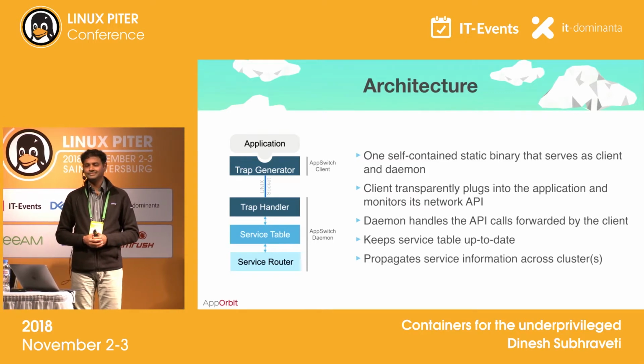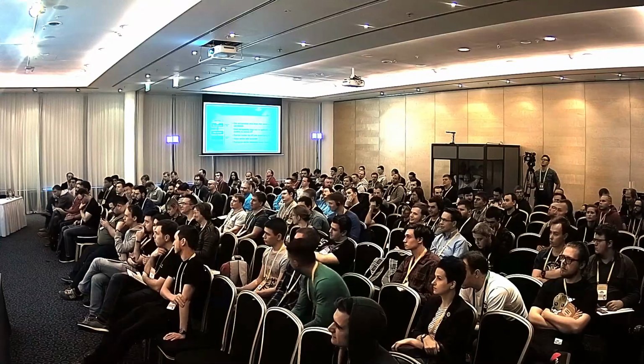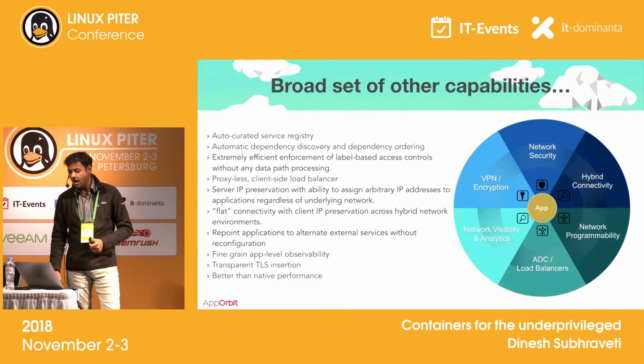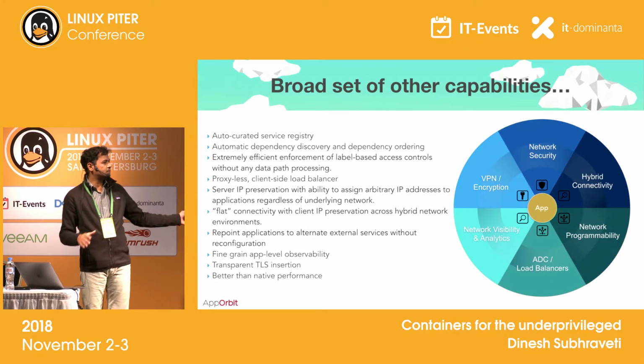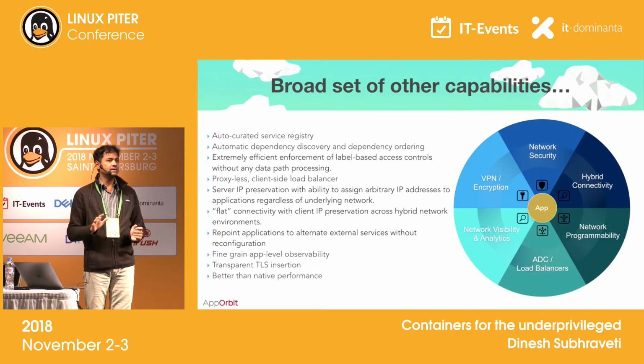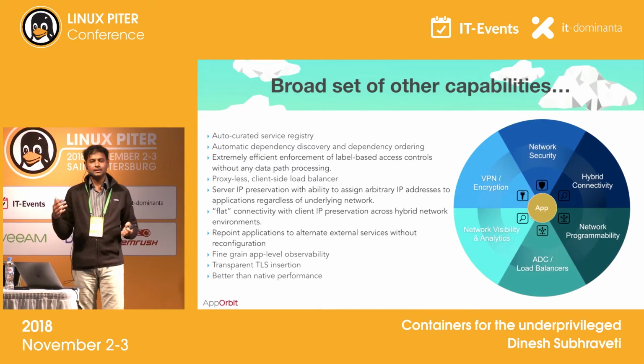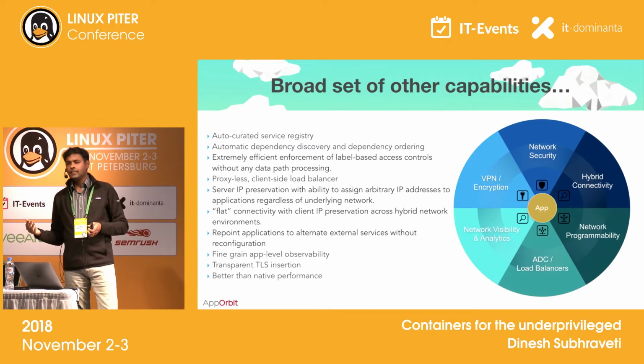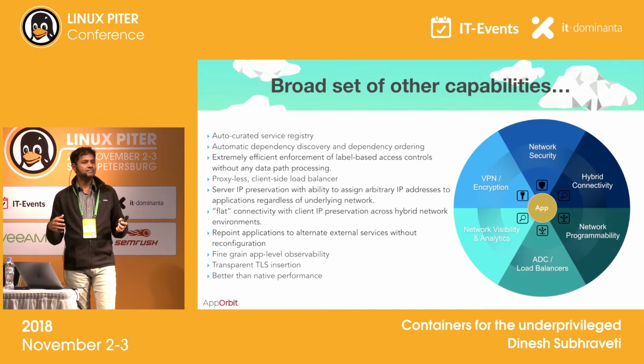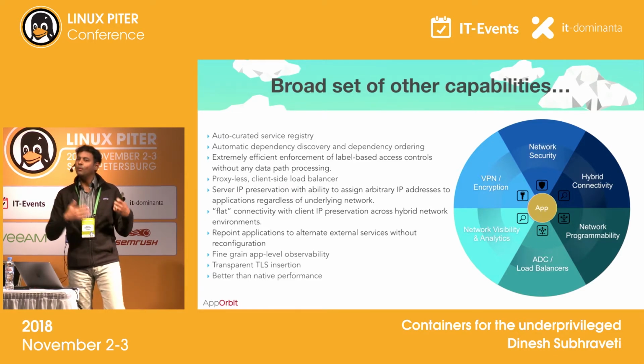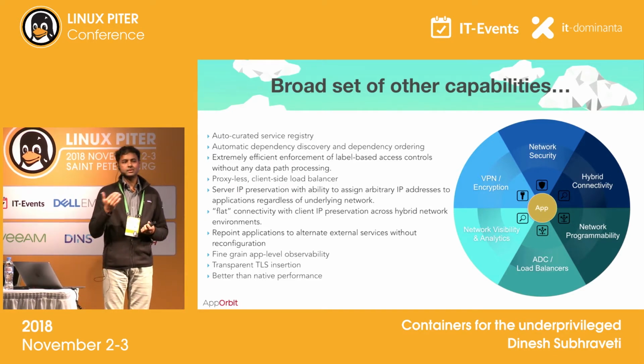Okay, so I'm going to just list the different types of things you can do with that capability. Think of this as SDN, right? Basically, whatever SDN did, now you can do all of those things in a better way, by being closer to the application.